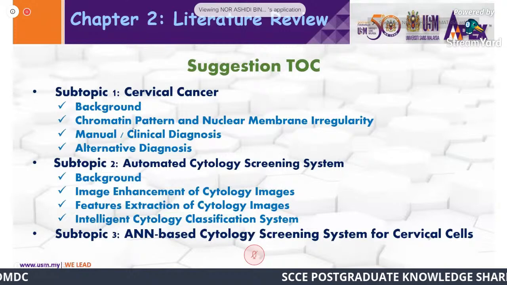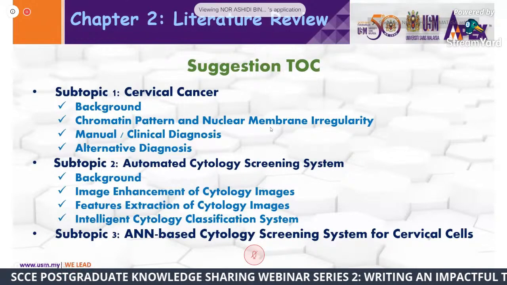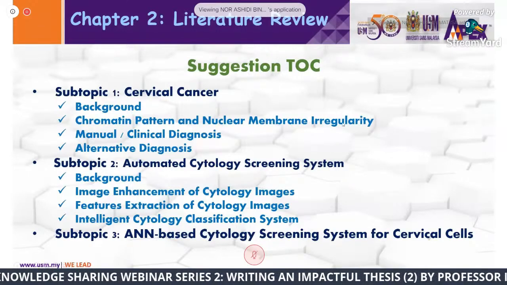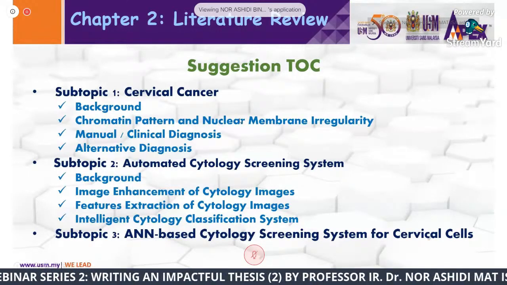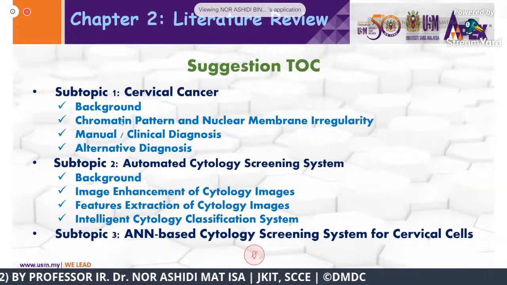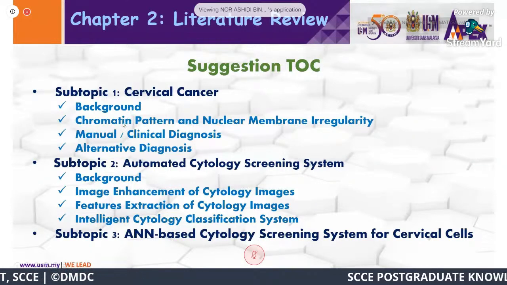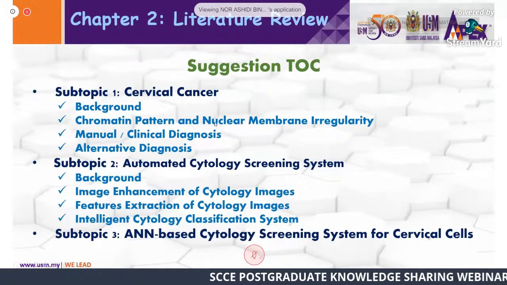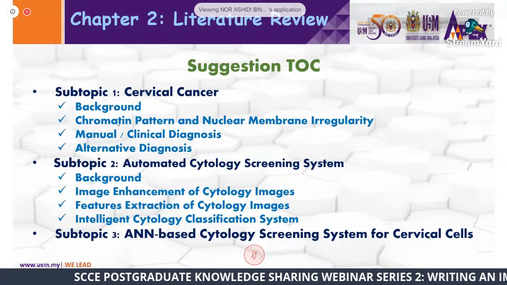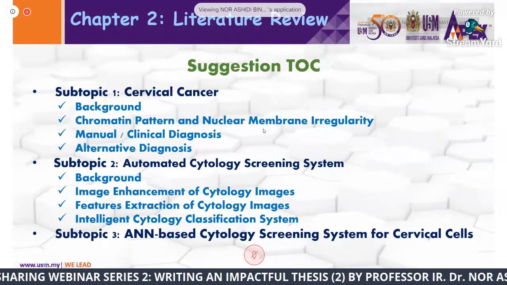And after that, because you want to focus on the chromatin pattern and also nuclear membrane irregularity, these are the two features to be extracted from your cervical cell images. So you must make sure there is quite thorough information about the chromatin pattern and nuclear membrane irregularity. What is actually defined by chromatin pattern? What is chromatin? What is the nuclear membrane?